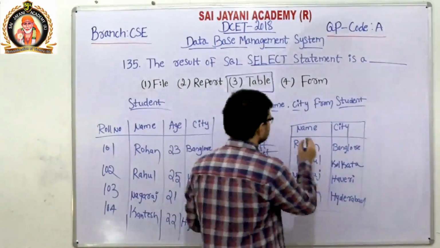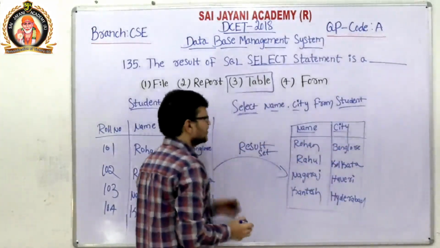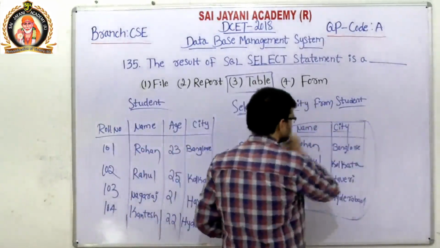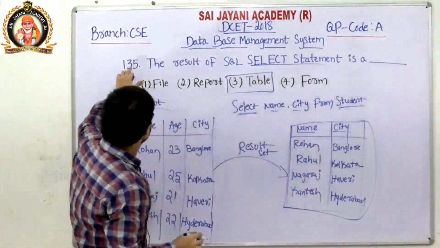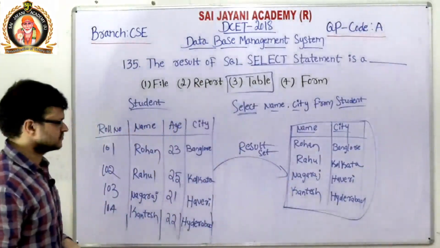This select statement only selects the name and city columns from the student table, and this result table also becomes one table. So for question number 135, the third option, table, is the right answer.